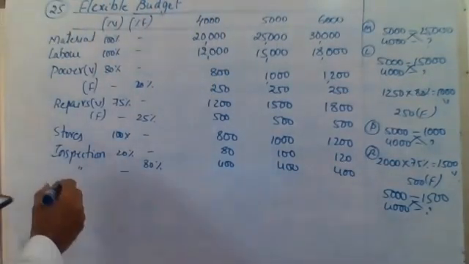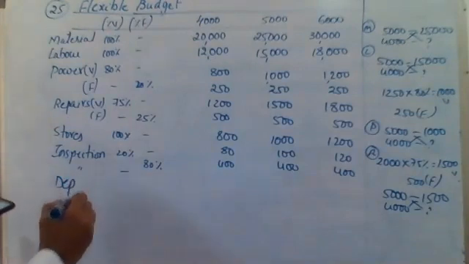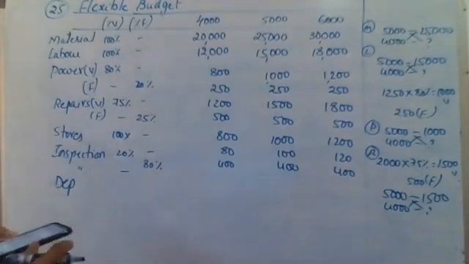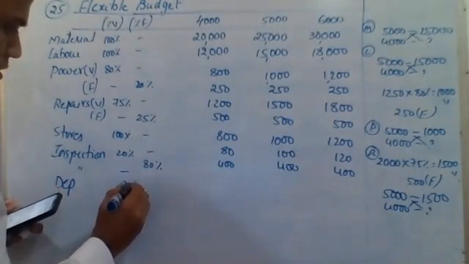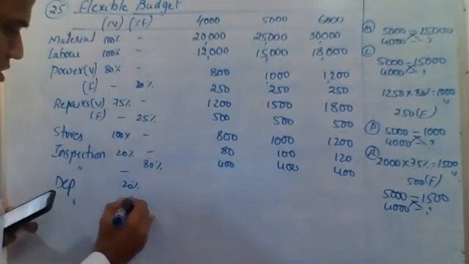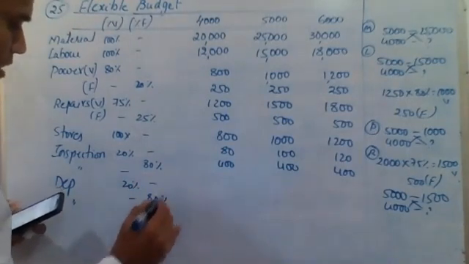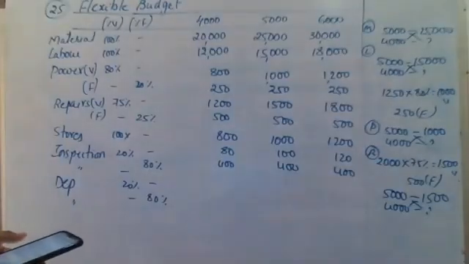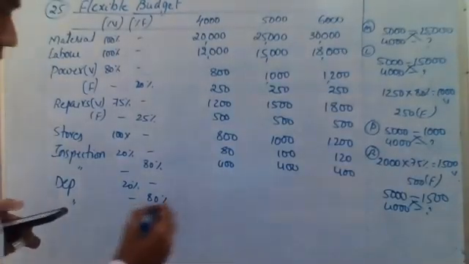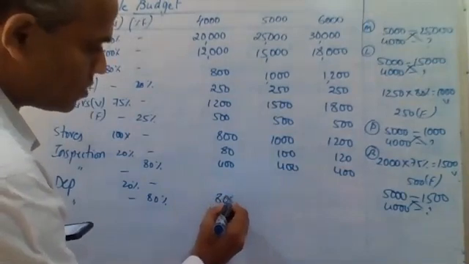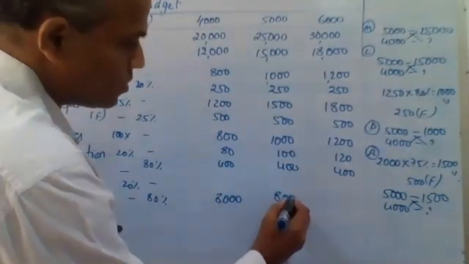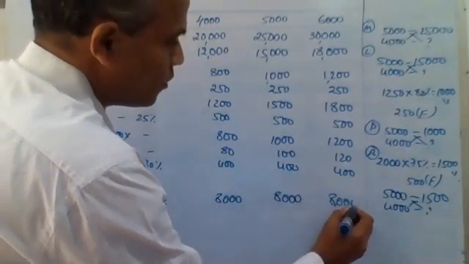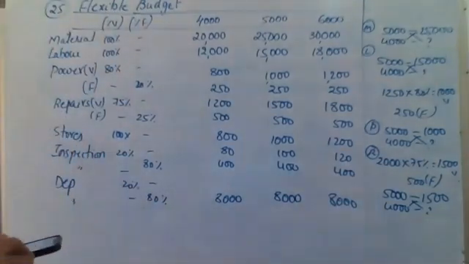Then depreciation. Depreciation, we have 20% varying. So 20% variable means depreciation is 80% fixed. Same rule. The amount of depreciation given is 10,000. 80% comes to 8,000 is fixed. So 8,000 is taken as such everywhere. 20% is variable.